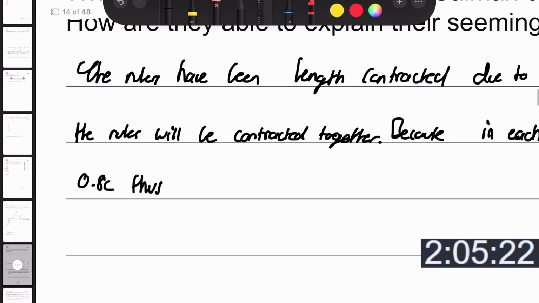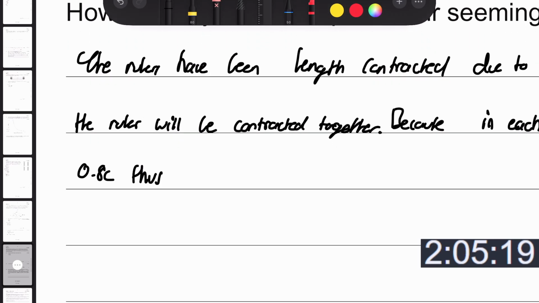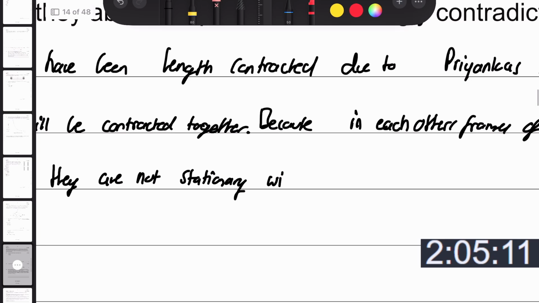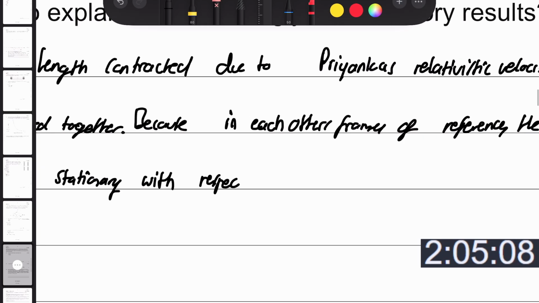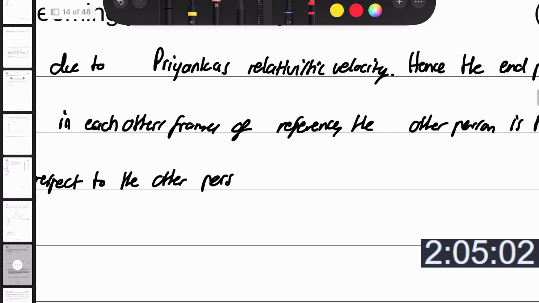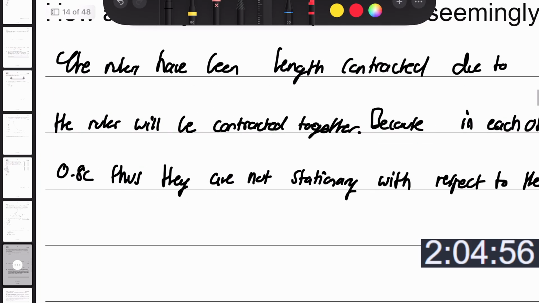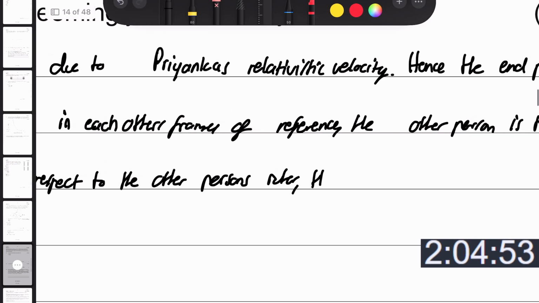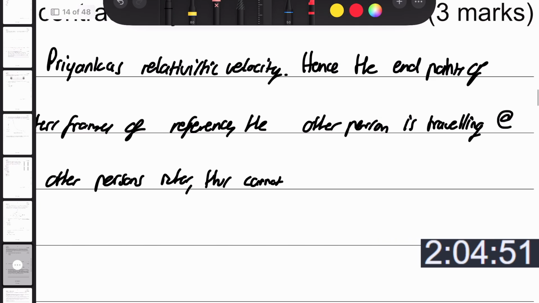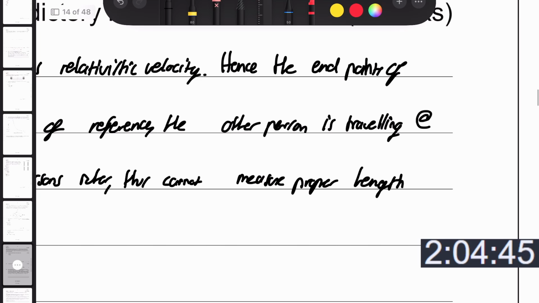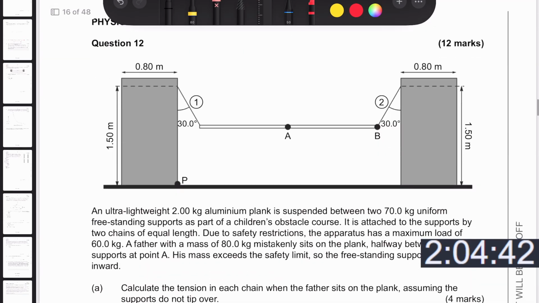Thus they are not stationary with respect to the other person's ruler when making the measurements. Since they are not stationary, they cannot measure proper length. Okay, I think I kind of butchered that one.